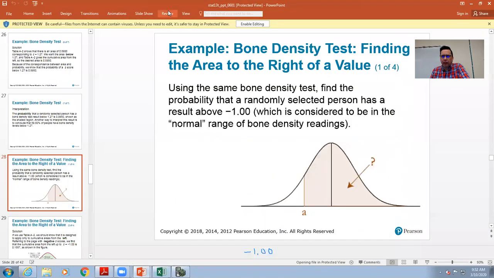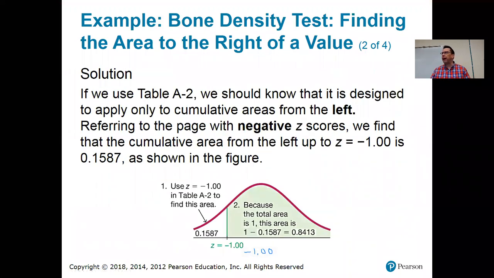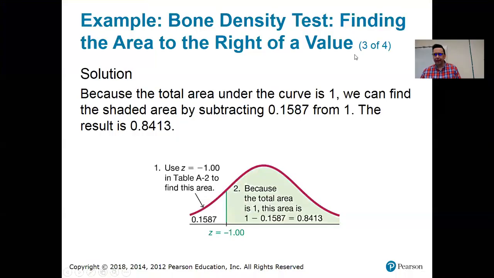What you have to do with that answer when you're looking for an area to the right is you have to subtract it from 1. So you're using the complement rule. Since the area to the left of negative 1.00 is that 0.1587 that we just found, that means the area to the right is 1 minus 0.1587, which gives you 0.8413. Because the total area under the curve is 1.